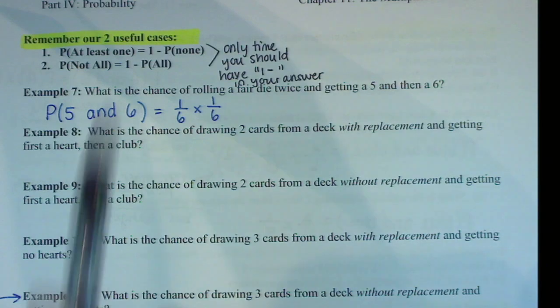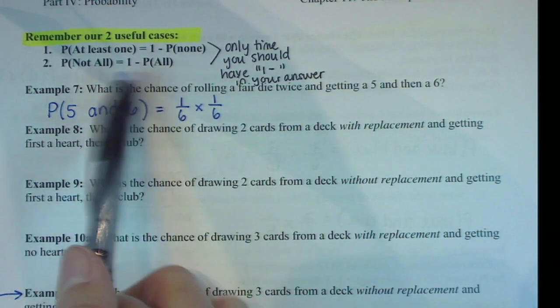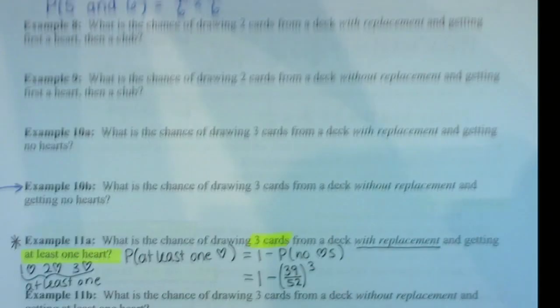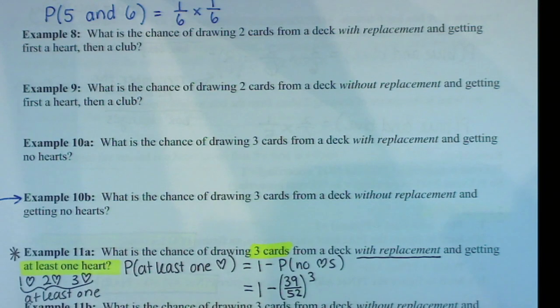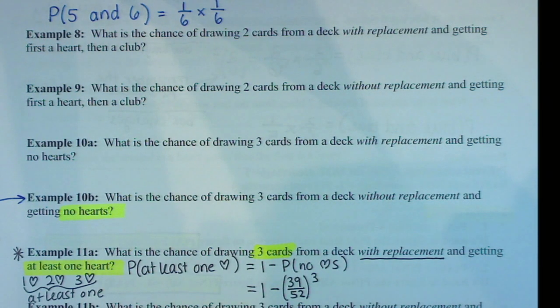The only time I have to use this 1 minus stuff is if the question's asking me about at least 1 or not all. This 10B isn't asking me about that. It just says, what's the chance of getting no hearts? And this is actually not as complicated as it may seem. It's a straightforward probability. We can calculate it directly.